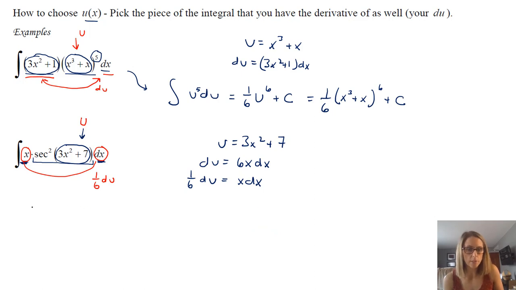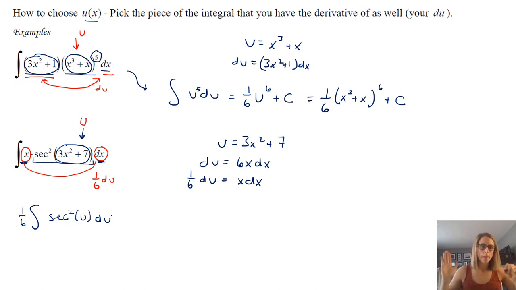We've done that in the past. So the way I'm going to write this is I'm going to have my secant squared, and then inside I'm going to have u, and then I'll have my 1/6 du. If you want to have the 1/6 inside, it's not a problem. Bring it inside. But I can also leave it outside because it's just a constant. So I can pull it outside if I want.